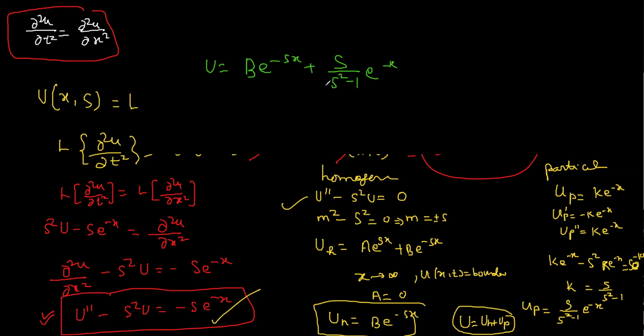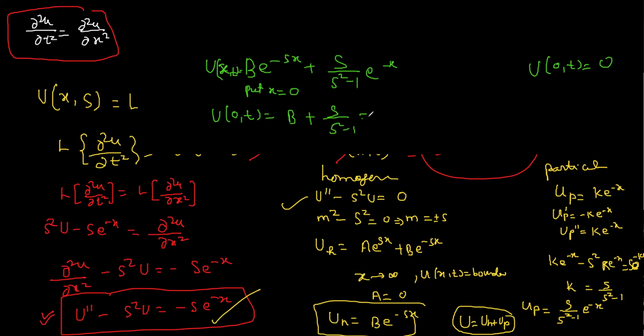How will you find b? You have given one condition, u 0t was 0, right? This is nothing but uxt. So put x is equal to 0. Then you will get 0 comma t. X is 0 means e raised to 0 s upon s square minus 1.